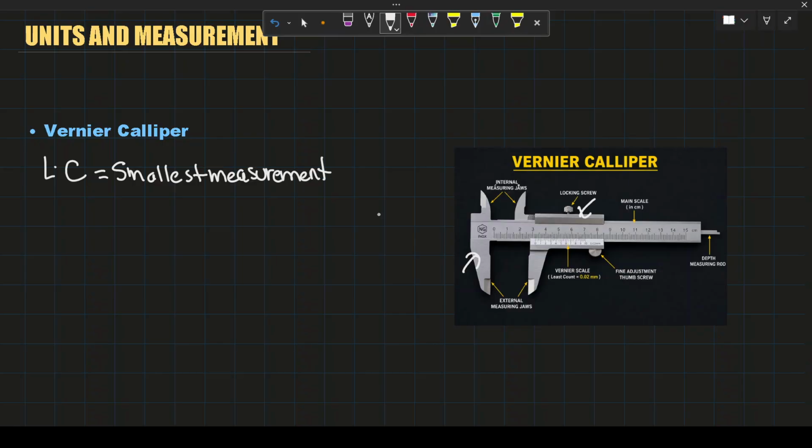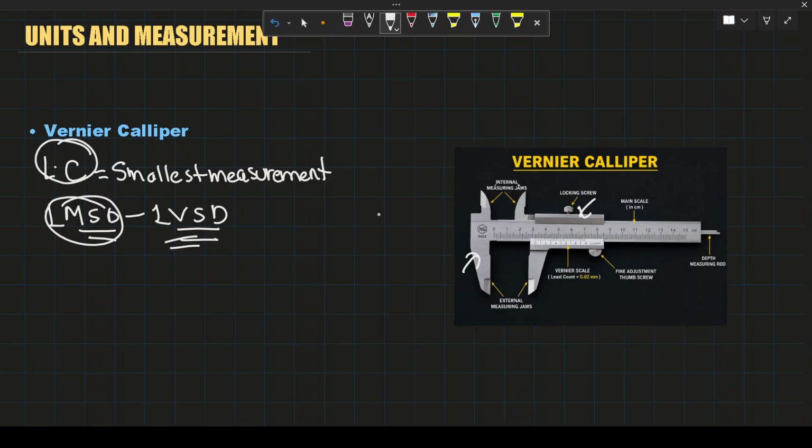It's basically written as 1 MSD minus 1 VSD, where MSD stands for main scale division and VSD stands for vernier scale divisions. Usually how the question is asked is that you are given the main scale division and you need to find out vernier scale division, and hence the least count.